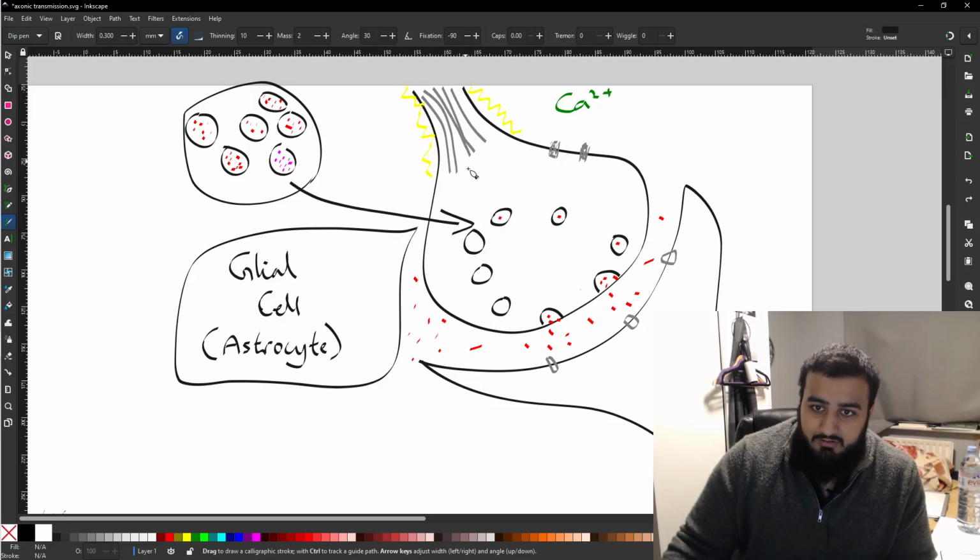So when the vesicles cannot travel down the microtubules and attach to the membrane, then despite an action potential and despite the inflow of calcium, despite the adherence of vesicles to the membrane, there's no neurotransmitter, right?